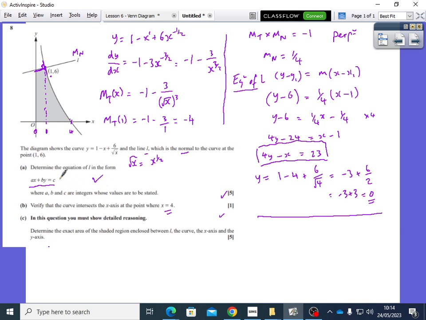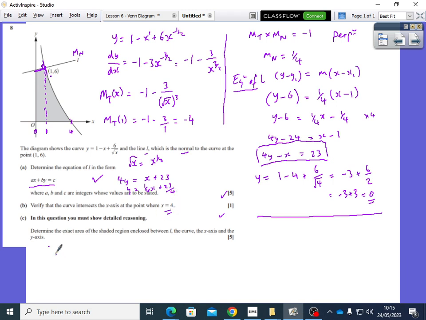Now before we do the integral, this curve was this. So if I make y the subject, 4y is going to equal x, because I'm taking that to the other side, plus 23, and then divide it by 4, so y would equal 1/4 x plus 23 over 4.